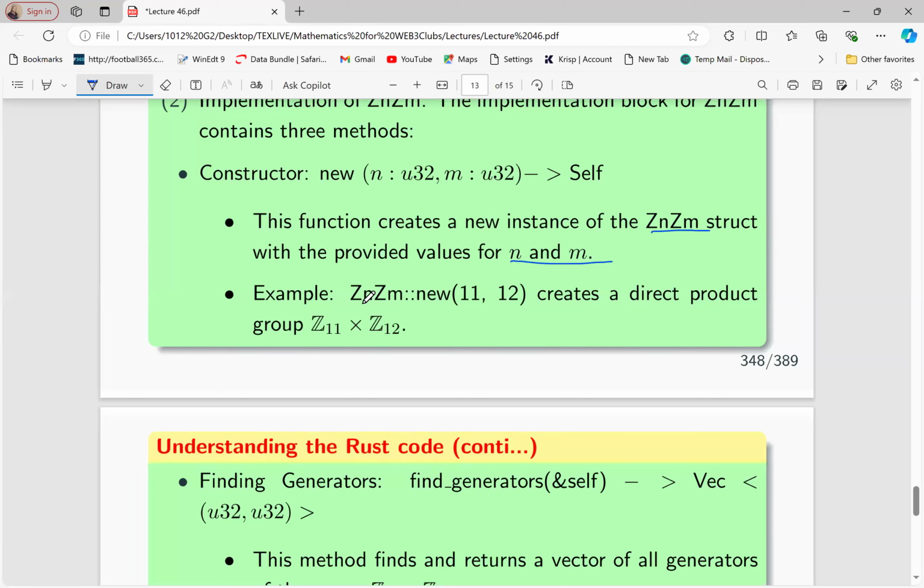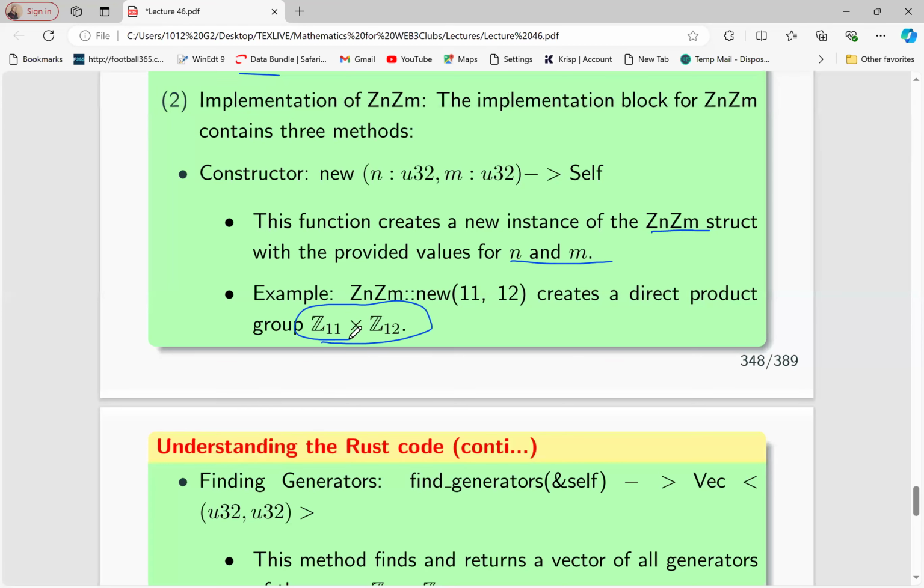For example, if I insert 11 and that, then it creates this group. But then we just call it Zn, Zm. Yeah, but it understands that part. This stands for this. It understands it stands for that.